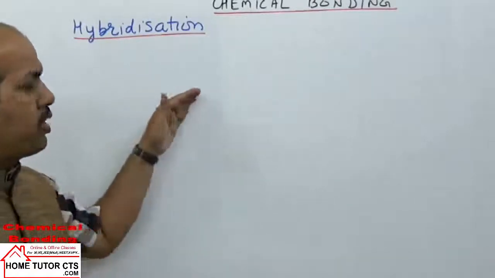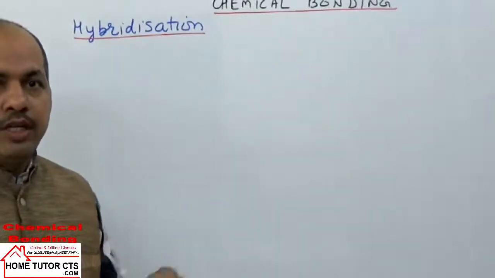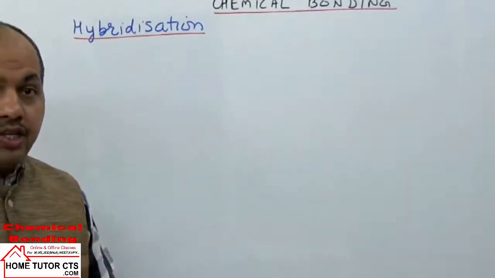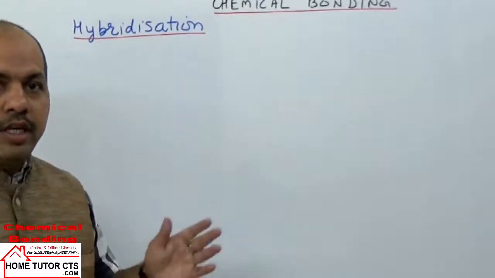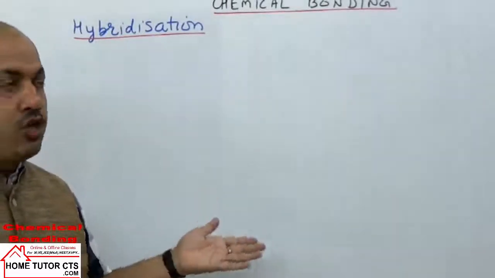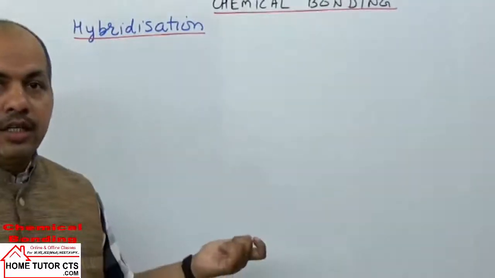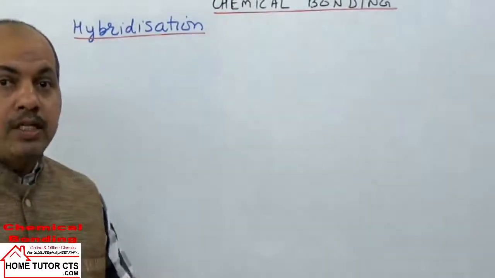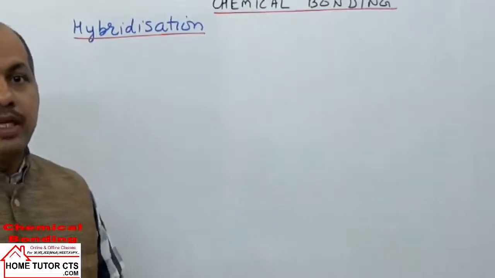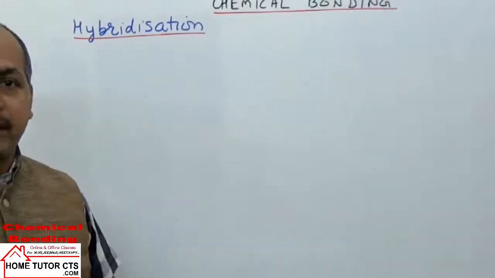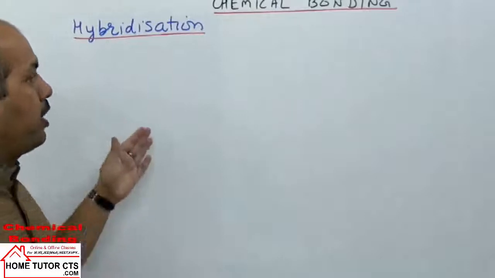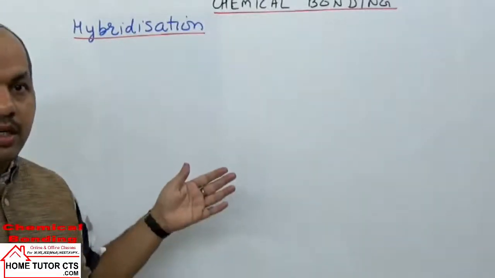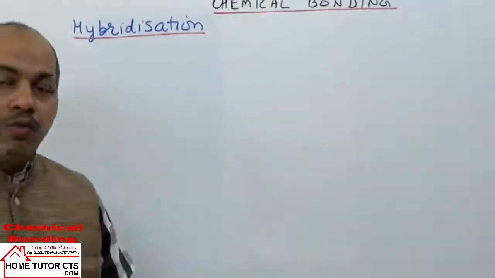So different drawbacks were there which were found in the valence bond theory. If water suppose was taken without any kind of hybridization, if they directly form bonds, the angle should be 90 degree, or methane should have bond angles 90 degree, or even ammonia, if the overlapping occur of directly p orbitals with hydrogen's s orbitals, they should have bond angle of 90 degree. But the bond angles are found to be different in all the three cases as against the valence bond theory.